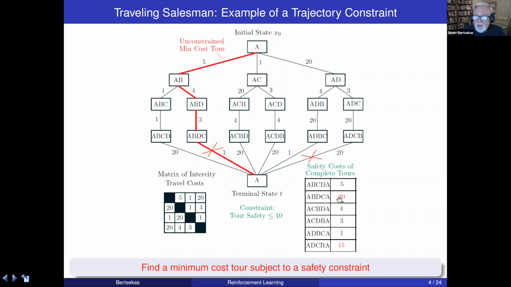So this will disqualify this tour, which happens to be the optimal. It will disqualify another tour, this one here, and the other tours are allowed, okay? So out of those that are allowed, we want to find the best one. So how do we deal now with this extension of the problem?